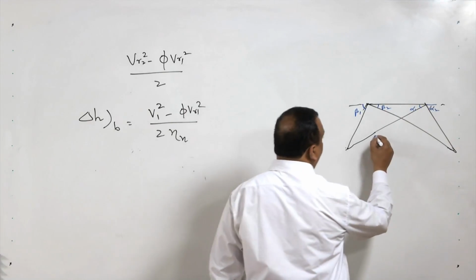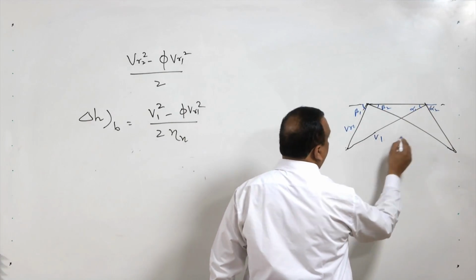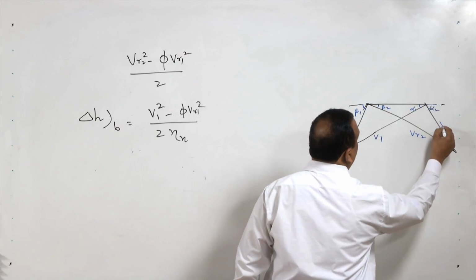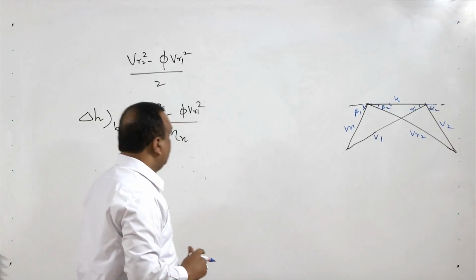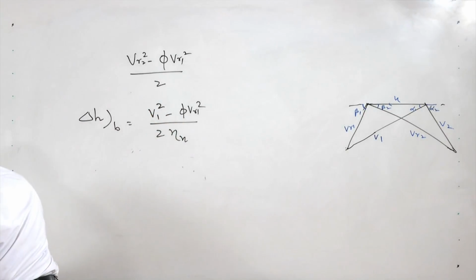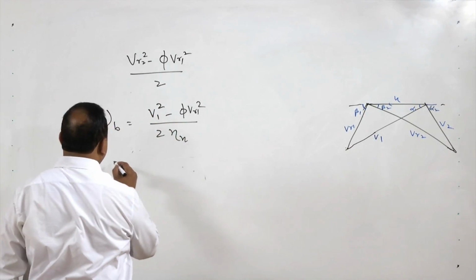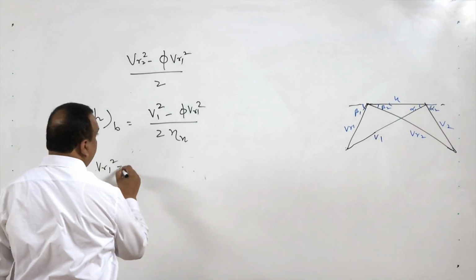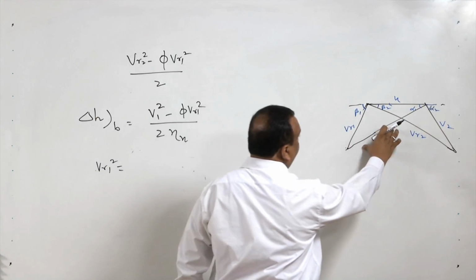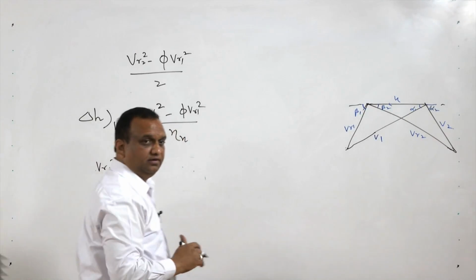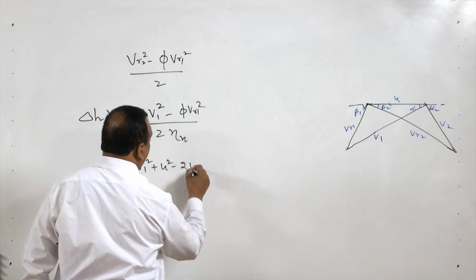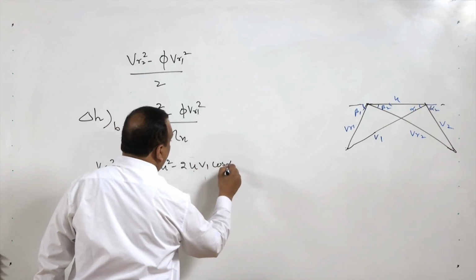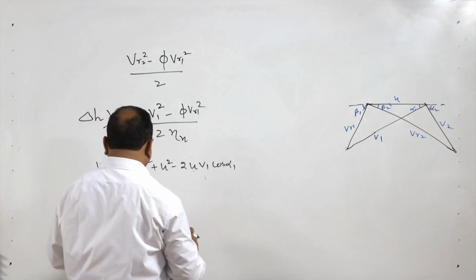This is V1, VR1, VR2, V2, and this is U. Now, here VR1 square is V1 square plus U square minus 2 U V1 cos alpha 1, right.